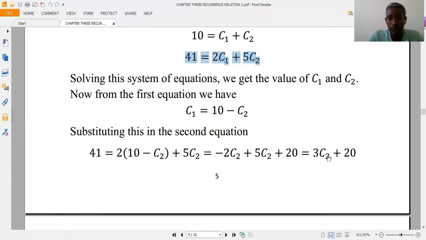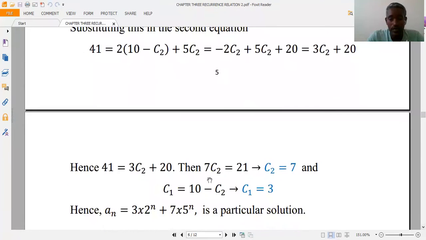So 41 equals 3C2 plus 20. Rearranging, we get 3C2 equals 21, which implies C2 is 7. And we know that C1 is 10 minus C2, so C1 is 3.